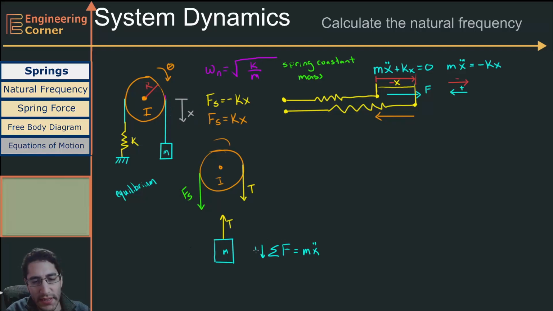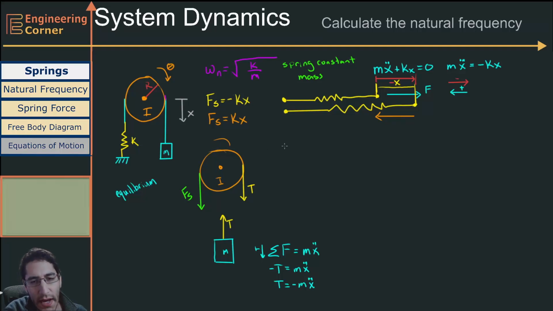So down is positive. I'm going to have minus T is equal to m times my acceleration. I'm going to have T is equal to minus m times my acceleration. I'll need this later. Okay, so now let's do the equations of motion for the pulley.